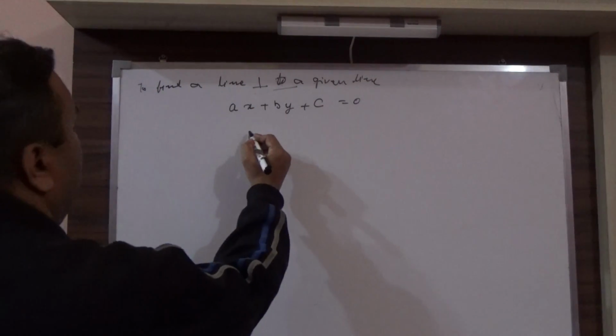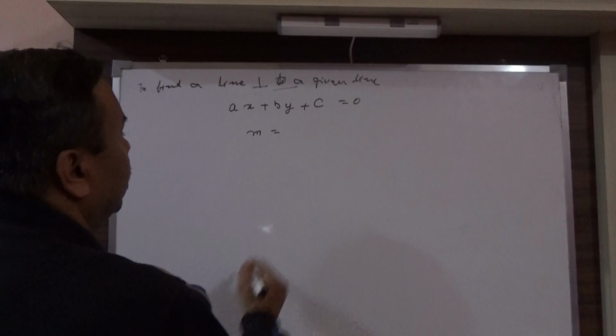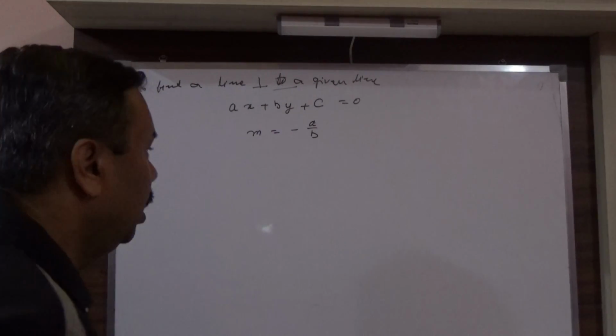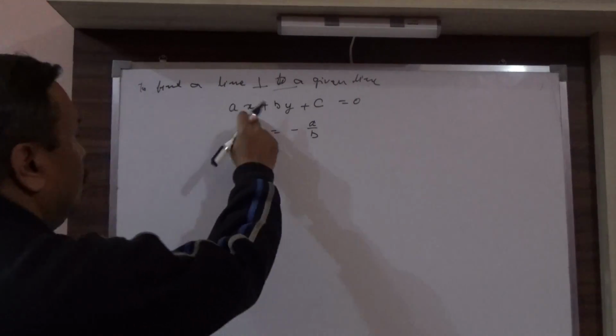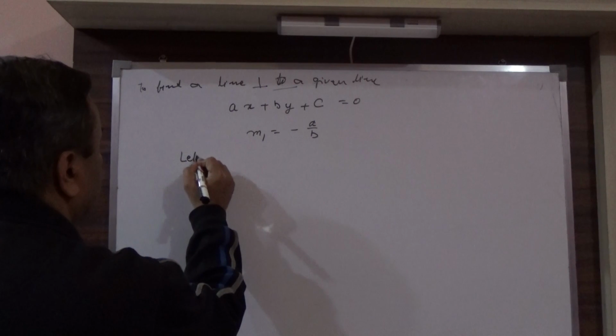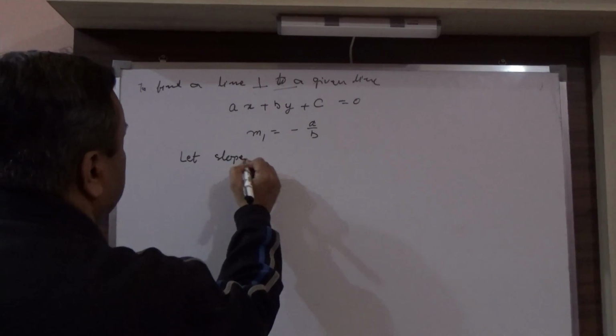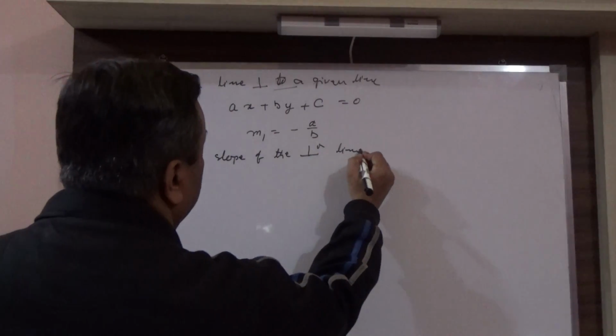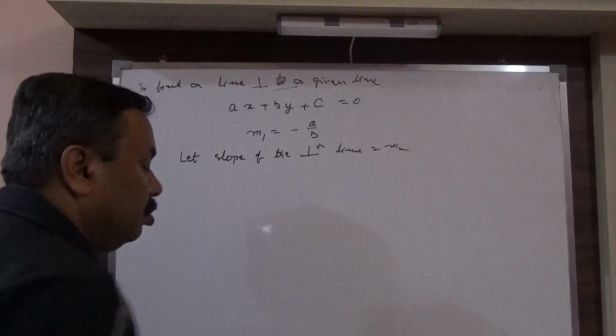From this I know the slope, that is minus a over b, m1, the slope of this. Let the slope of the perpendicular line be m2.